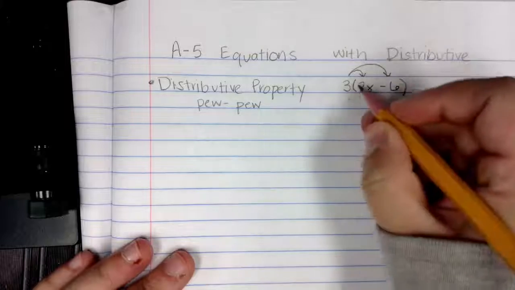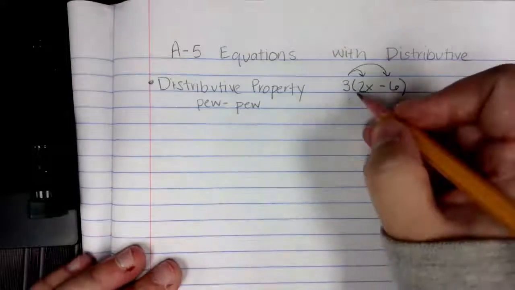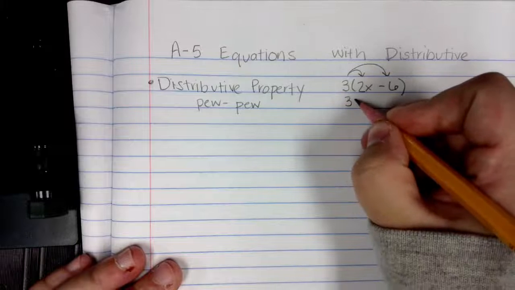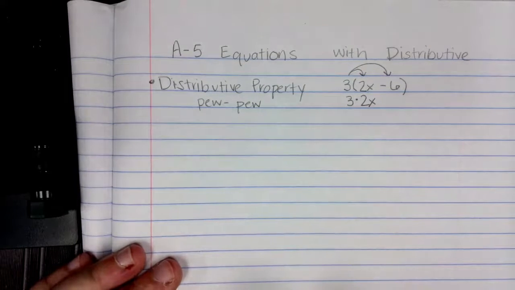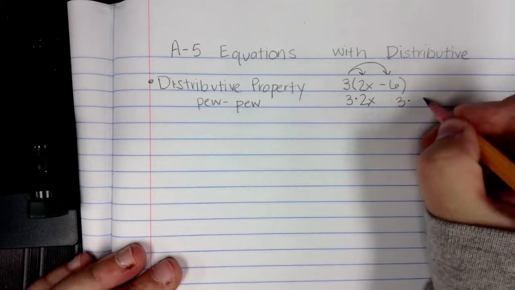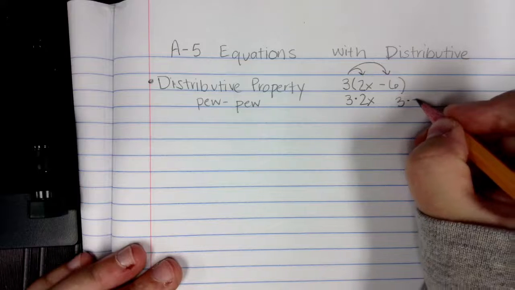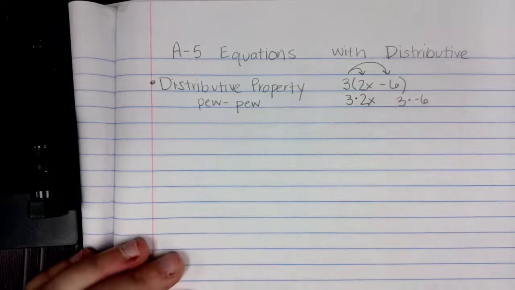Yep, so both of our arrows come from that 3. Pew, pew. And we're going to multiply by each part rather than multiplying by the whole thing. So 3 times 2x and 3 times, I would do negative 6. If you wanted to just do 6, you'd put a minus in between there.